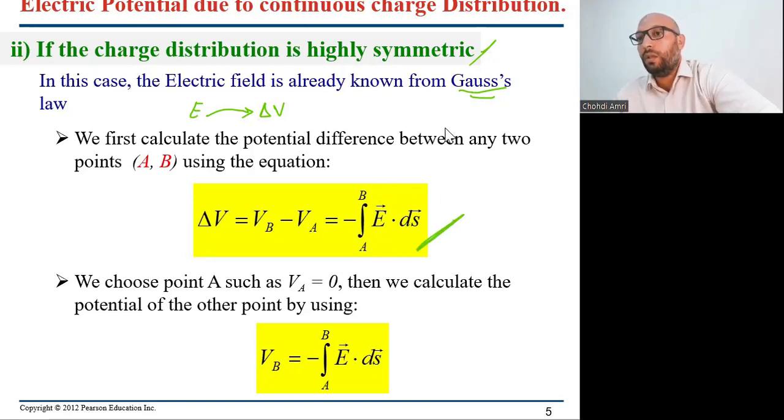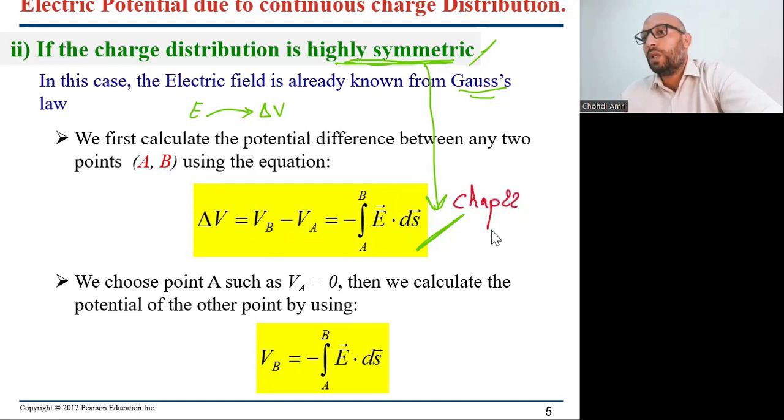This is used when we have a highly symmetric distribution of charge. So to get the potential difference in this case, we have to come back to chapter 22, lecture 2, Gauss's law.